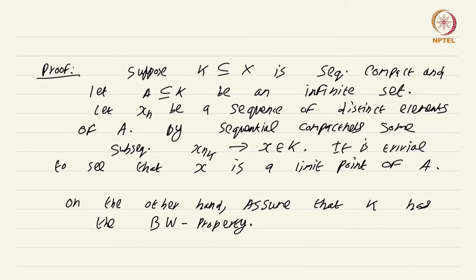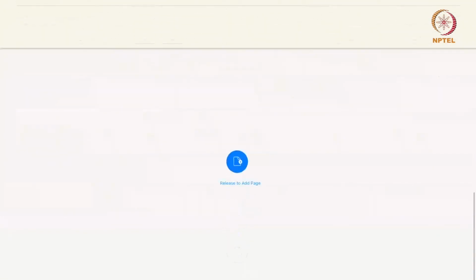Now let xn in K be a sequence. Our goal is to exhibit a convergent subsequence of xn, and this subsequence should converge to a point in the set K. That's our goal. Now there are only two possibilities.